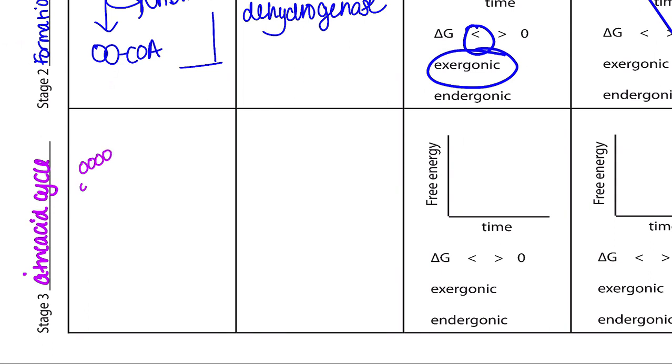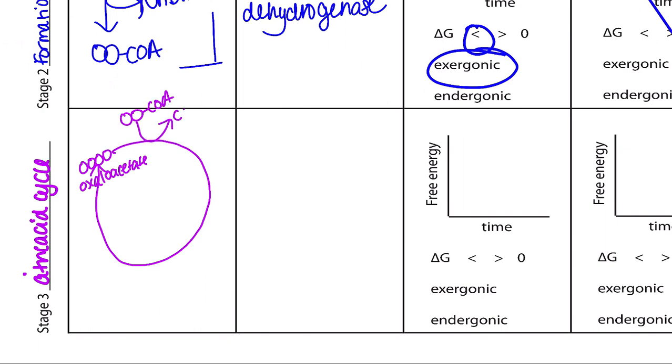So I'm going to start with my oxaloacetate, and I'm going to try to draw a nice circle here. There we go. It's about as good as it gets. So we're going to bring in our CoA, or our acetyl-CoA, I should say. Our CoA leaves. That acetyl group enters the cycle.